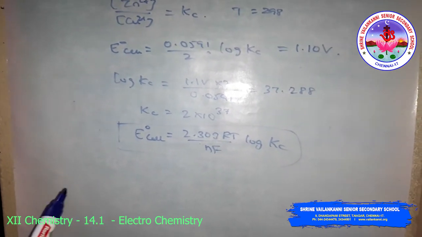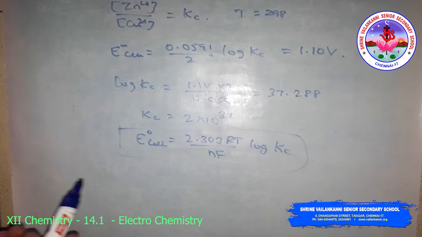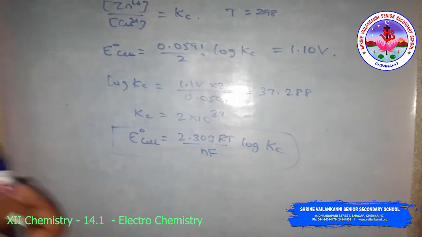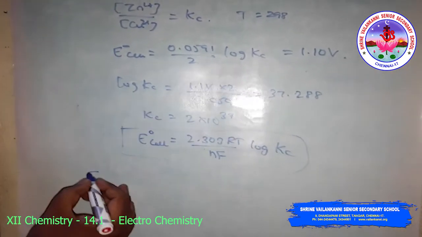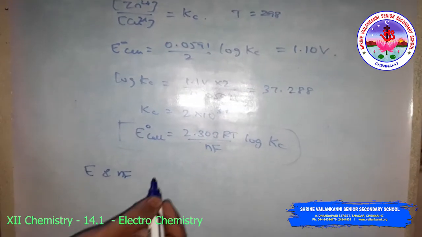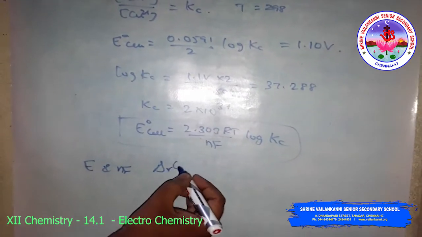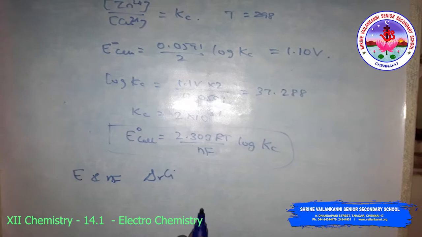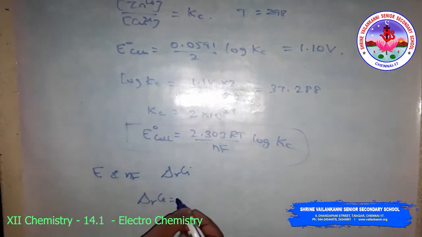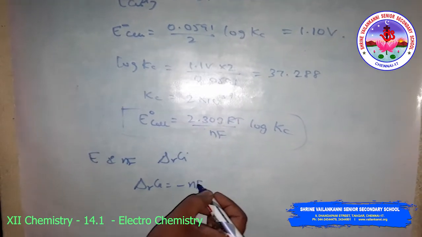This reversible work done by a galvanic cell is equal to the decrease in its Gibbs energy, and therefore, with the EMF of the cell being E and nF the amount of charge passed, the Gibbs energy of a reaction ΔrG is equal to minus nF E cell.